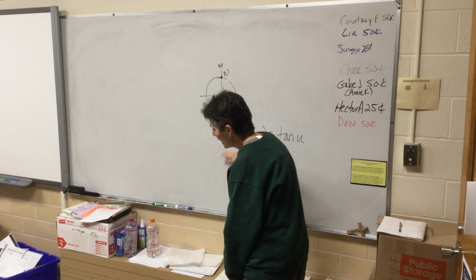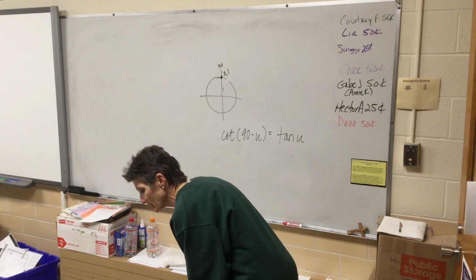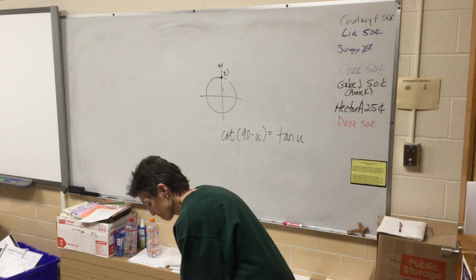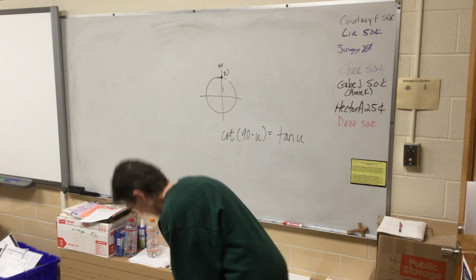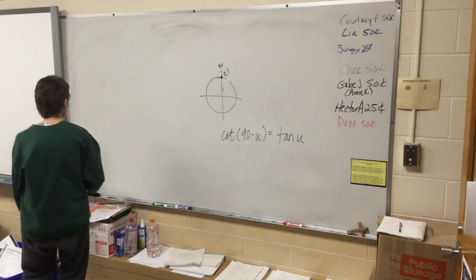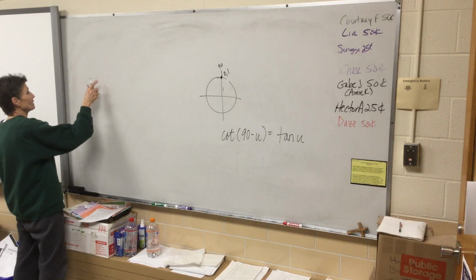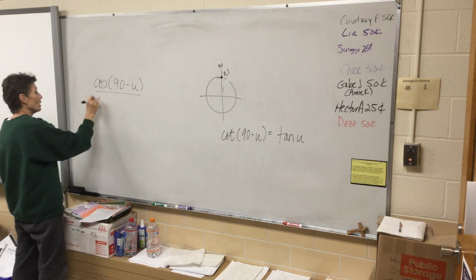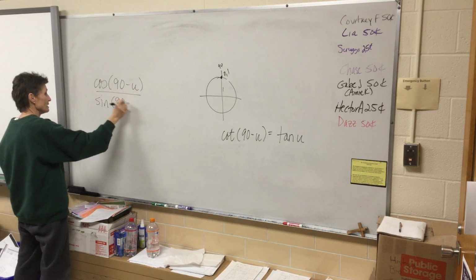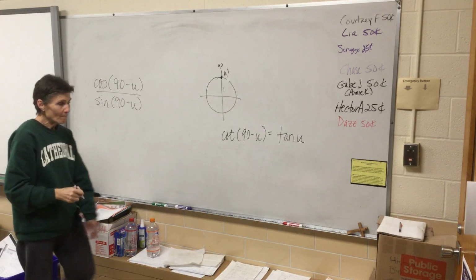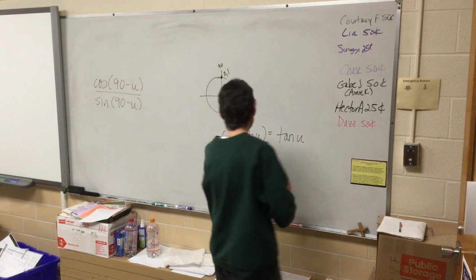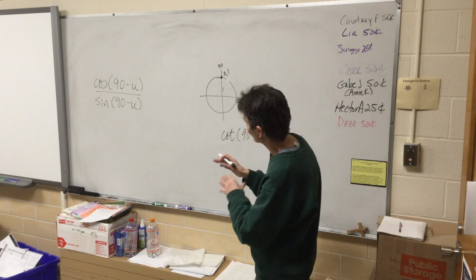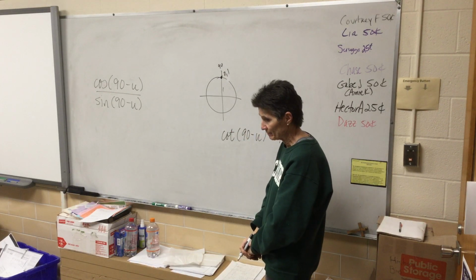What's another way of thinking about cotangent other than the reciprocal of the tangent? Cosine over sine. So the cotangent could be cosine of 90 minus u over sine of 90 minus u. Remember, the cotangent of anything is the cosine of that thing divided by the sine of that thing.